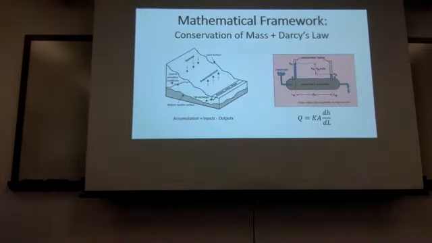And so the mathematical framework that we approach groundwater science with basically boils down to 2 main ideas: conservation of mass and what's called Darcy's law. So the conservation of mass is essentially looking at a groundwater system, an aquifer, trying to figure out what are the inputs of water, what are the outputs. And basically, the imbalance of that gives you accumulation or loss of water.